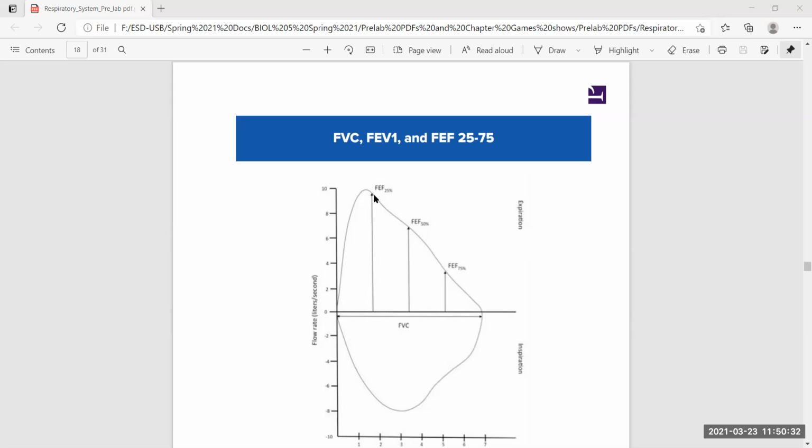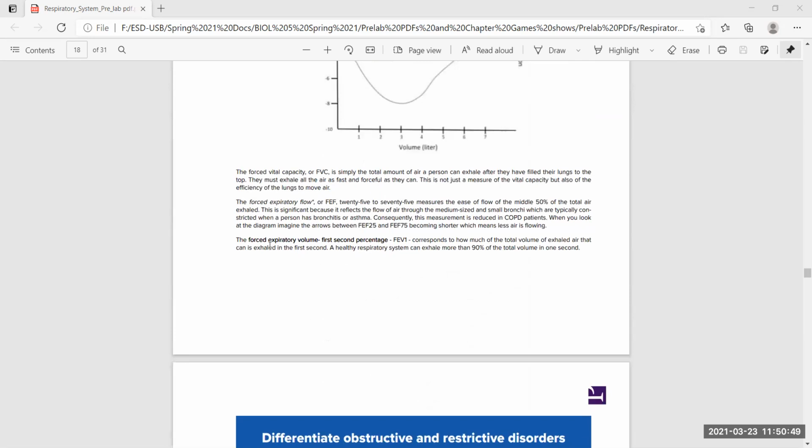Normally, you will exhale 90% of your inhaled air within the first second, which is called FEV1, meaning forced expiratory volume in the first second. So forced expiratory volume in the first second, FEV1, corresponds to how much of the total volume of exhaled air is exhaled in the first second.